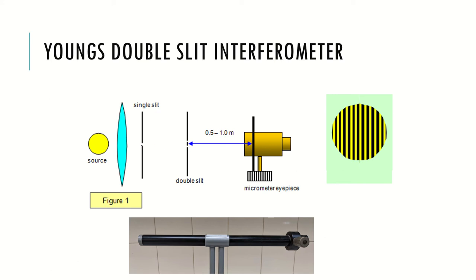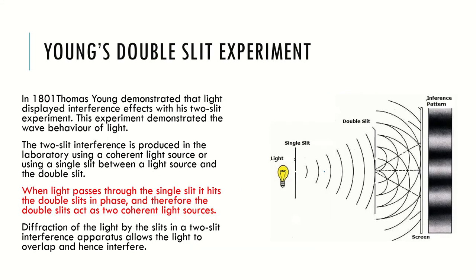It hit the double slit in phase. So light went through here, it diffracted because it's a gap and it was light, and it spread out, and it hit the two double slits in phase, because they traveled the exact same distance.